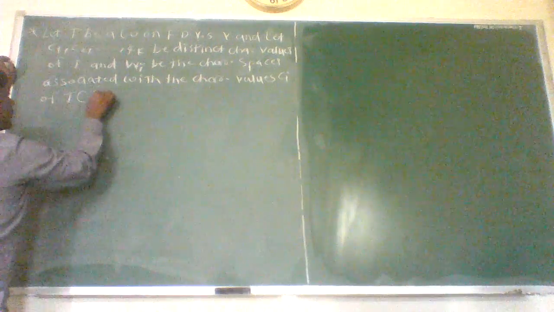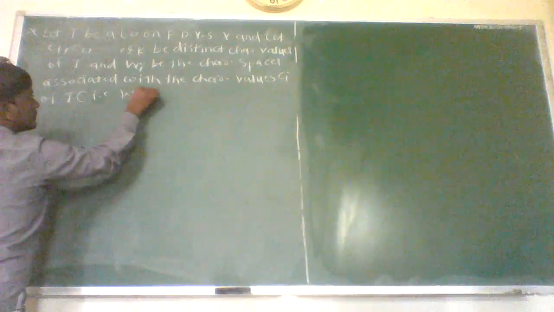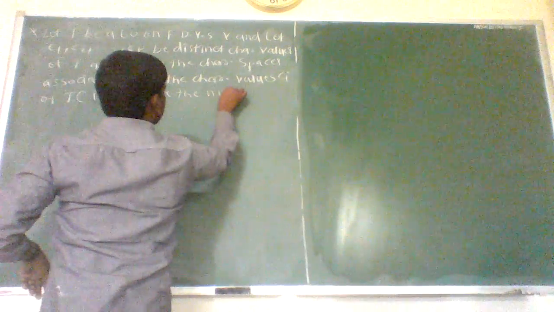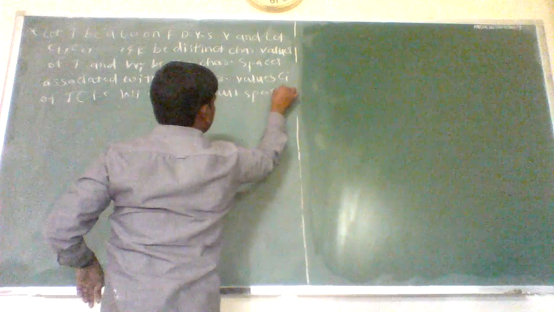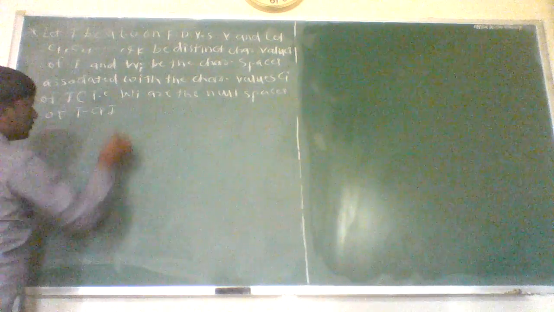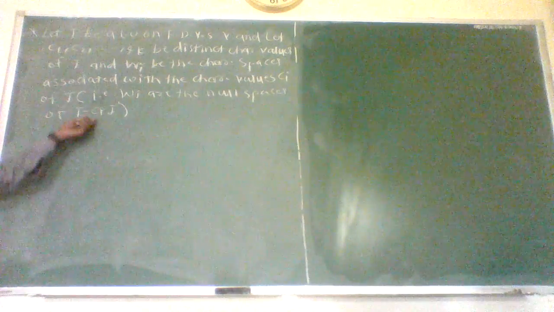That is, Wi are the null spaces of the operator T minus ci I.